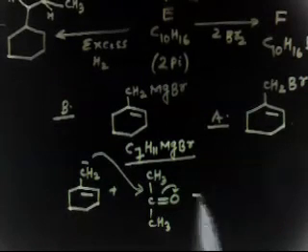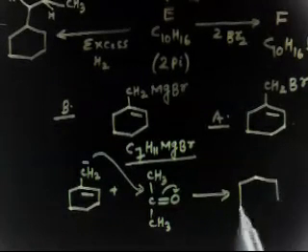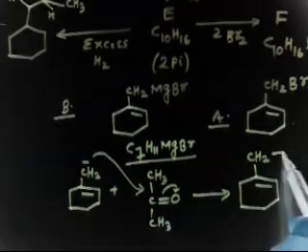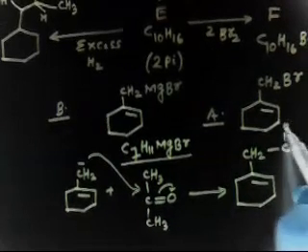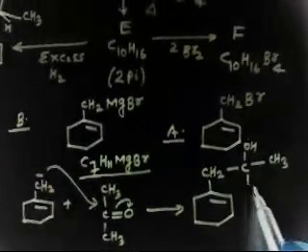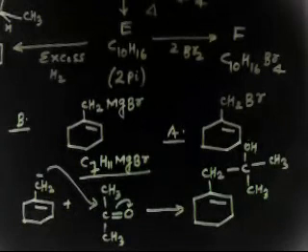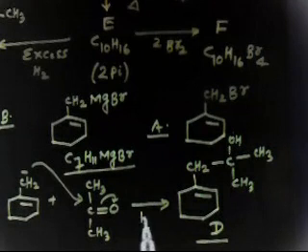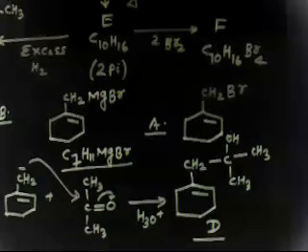So you will have CH2, and now this carbon connected with OH, CH3, and then you will have CH3. So this is your D. Are you getting or not? So after reaction with acetone and hydrolysis, you are getting D.